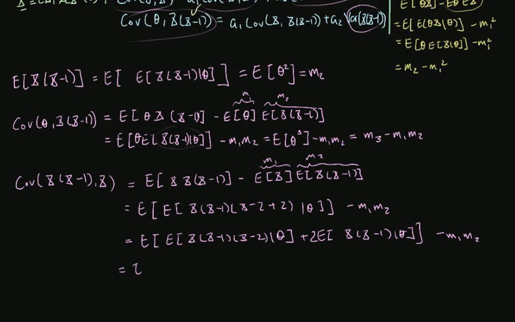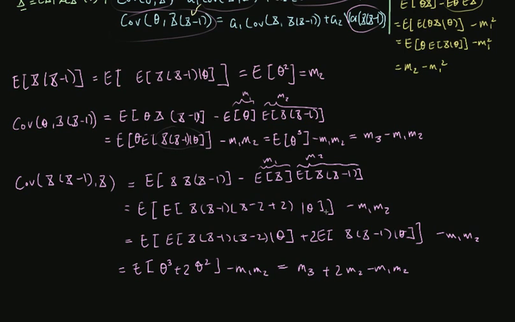Now, based on the hint for Poisson distributed factorials, this first term inside the condition is just equal to theta to the third, whereas the second term is equal to 2 multiplied by theta to the second. And then I can just use linearity of the normal expectation to achieve my result, which is m3 plus 2 m2 minus m1 m2.